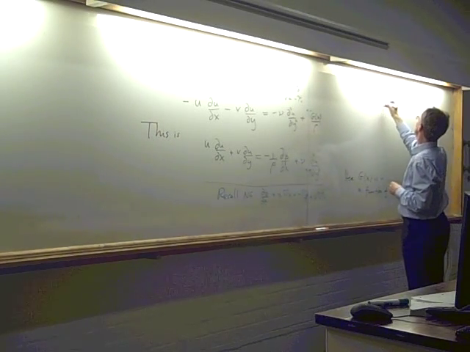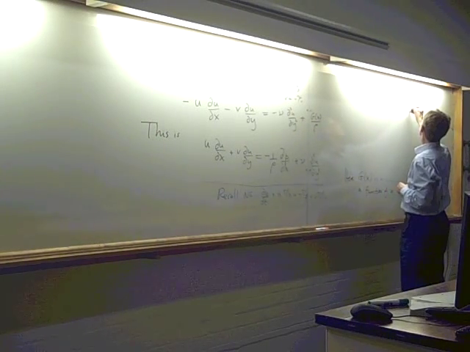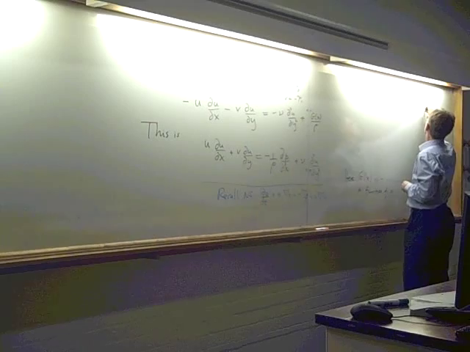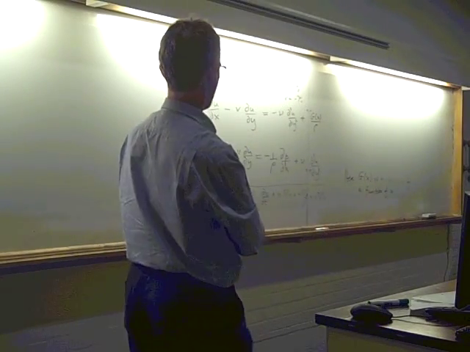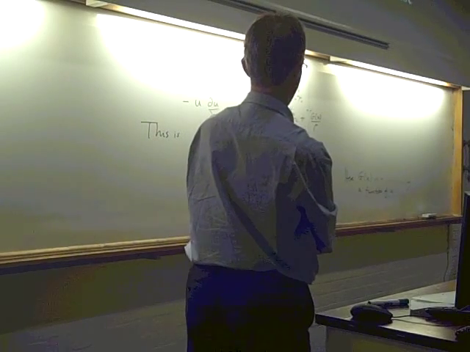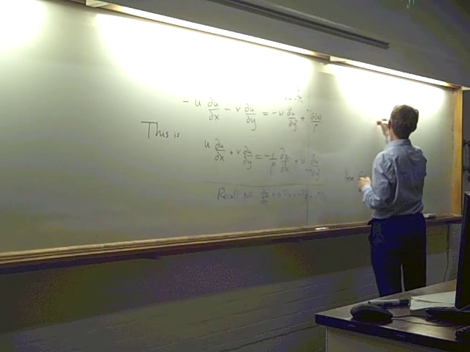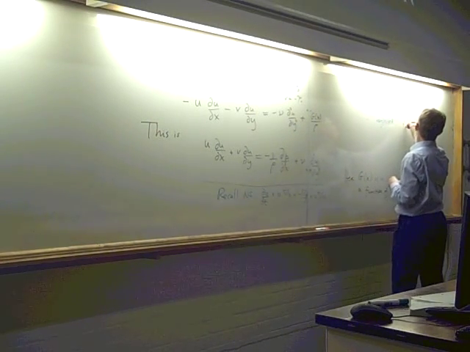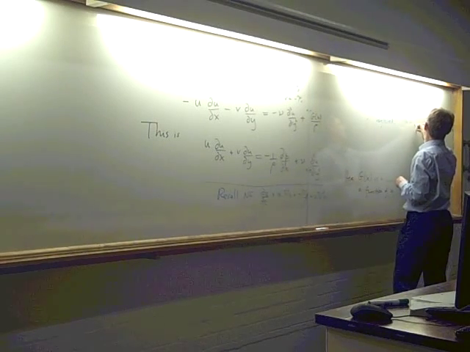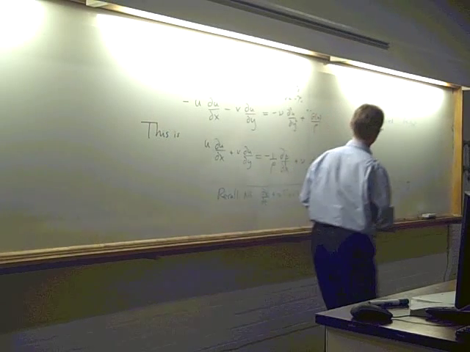And it's steady, so the du by dt can be replaced by 0. And we've neglected d2 by dx squared, which is what's in del squared u.